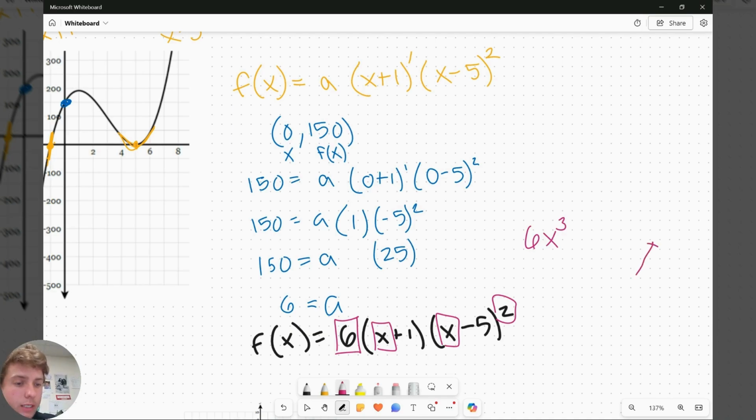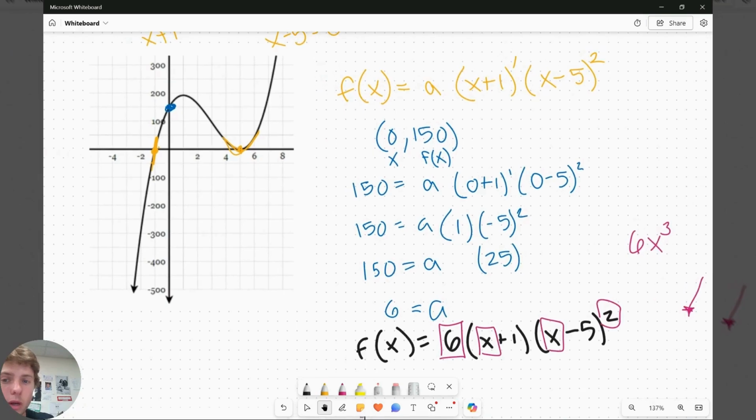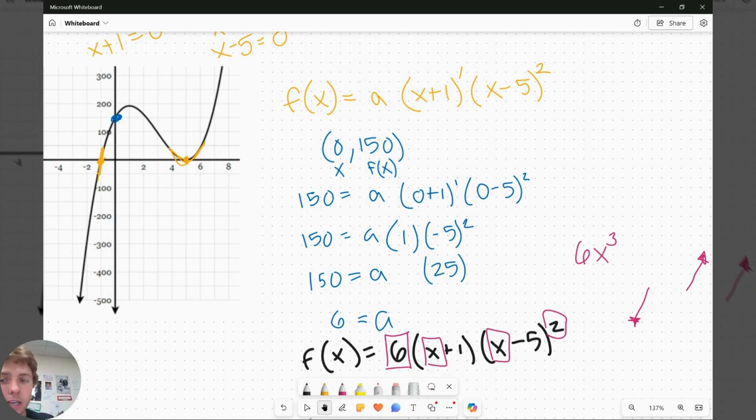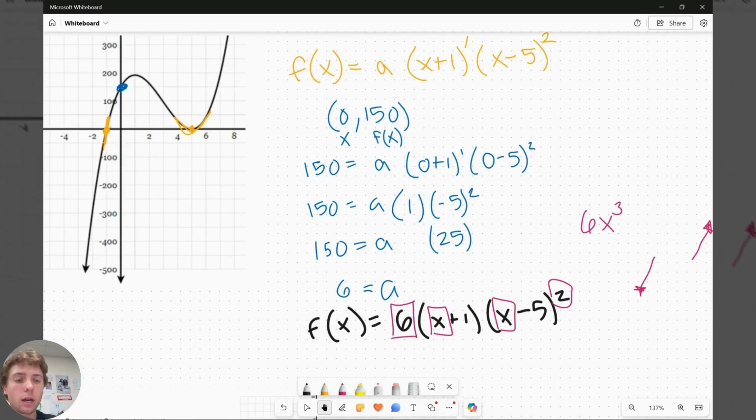That tells me the right side would go up. Odd means that they go opposite directions, so the left side goes down. Notice that is true for what the graph shows us as well. We just verified that the end behavior of the graph is the same as what we came up with. That does give me good insight into whether we did this correctly or not.